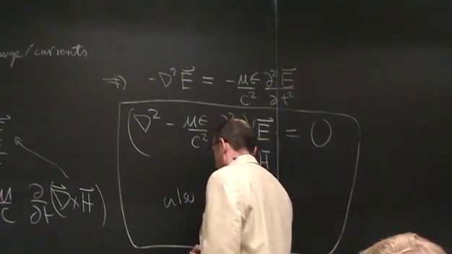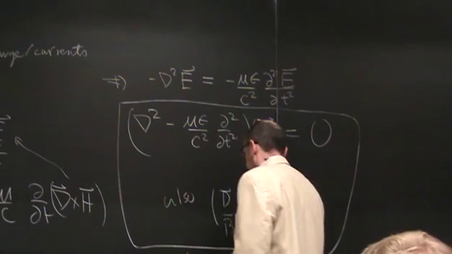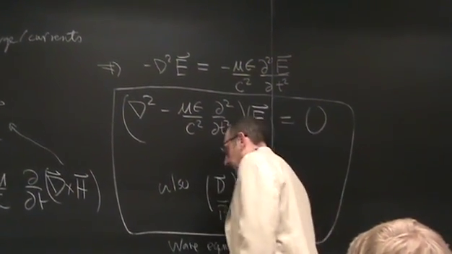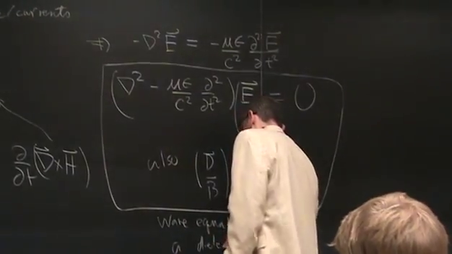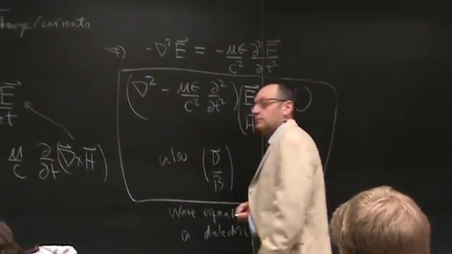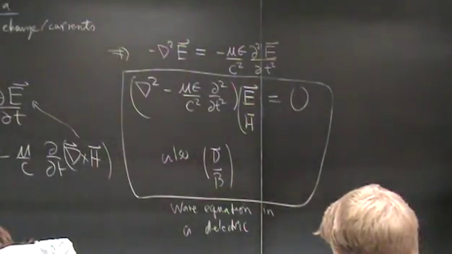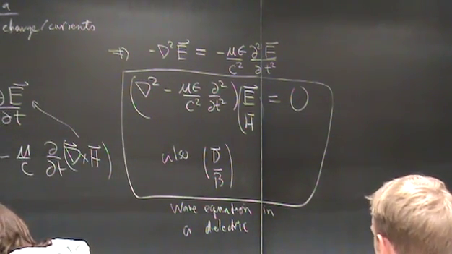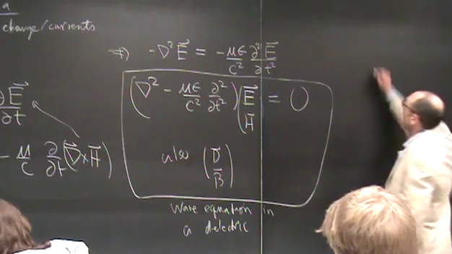So this is the wave equation in 3D, just like we had before, but in a dielectric. That could be magnetic as well. So we know this. We can look for plane wave solutions.